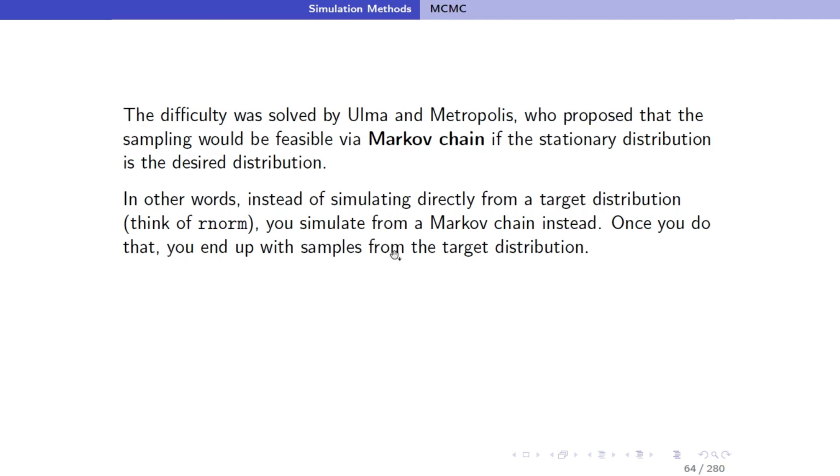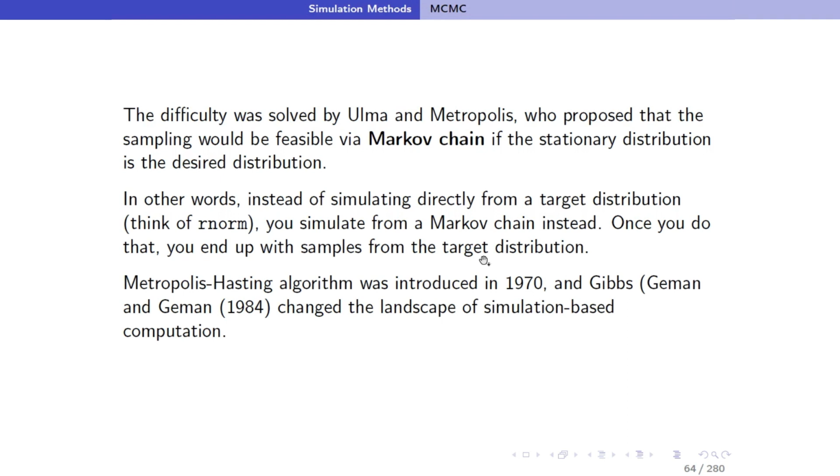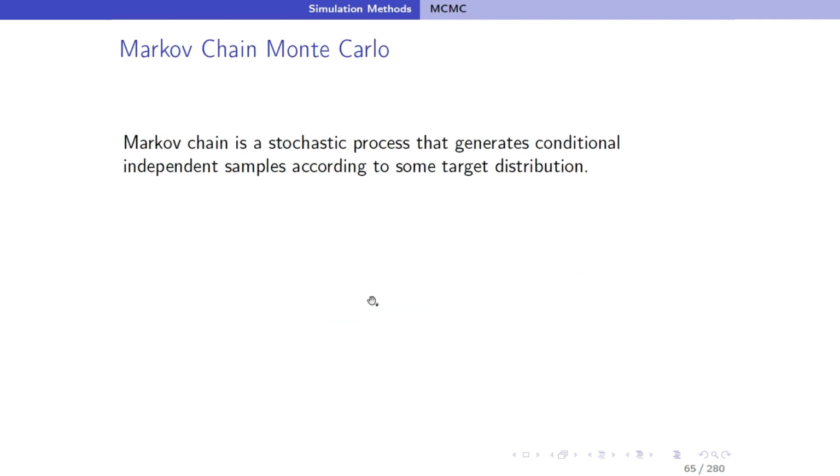Once you do that, you end up with a sample from the target distribution. How to generate the Markov chain is secondary, but the problem they solved is that if you can construct a Markov chain whose stationary distribution is the target, the posterior, that chain is guaranteed to sample that distribution. The how part is the Metropolis-Hastings algorithm, and then the Gibbs algorithm changed the landscape of simulation-based computation. Essentially, that's why everything goes through MCMC.